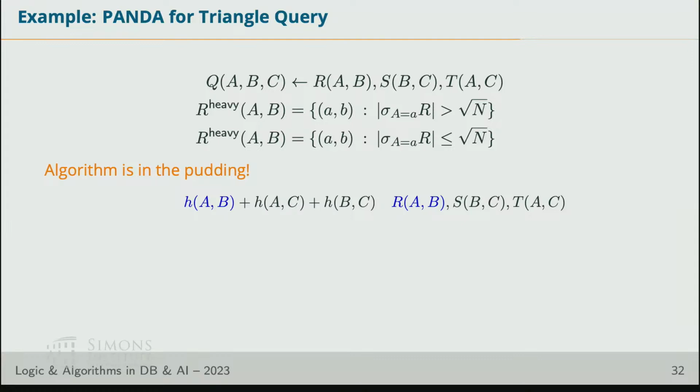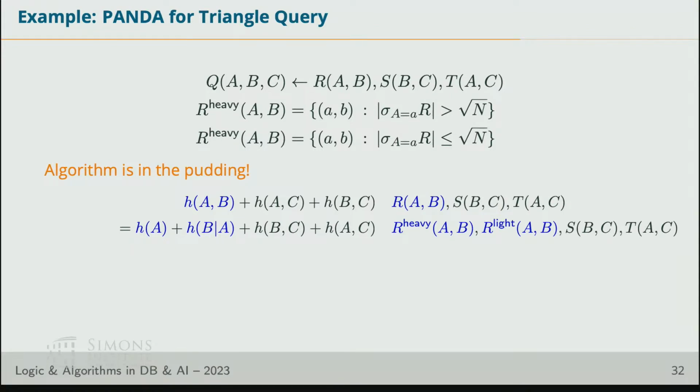But now let's focus on this term first, because in the proof sequence, we apply the decomposition step to this term first. We decompose this into H of A plus H of B given A. Now what does this correspond to? Well, this will correspond to essentially decomposing R into 2 parts, the heavy part and the light part. I'm just chasing the colors now.